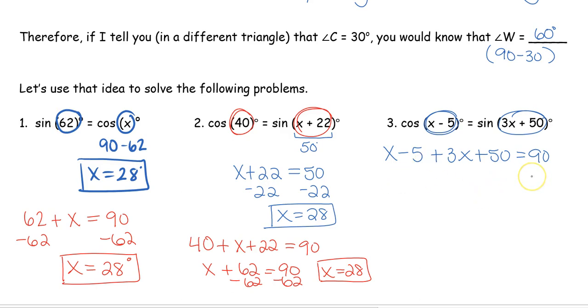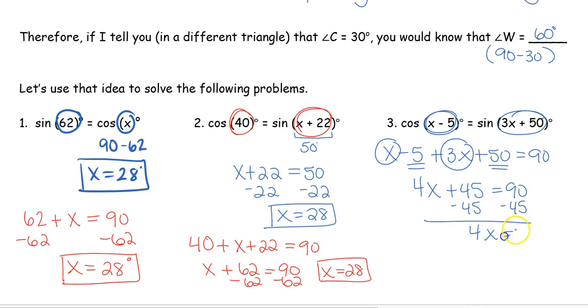For number 3, there's only one way we can set this up. We know that the two angles have to add up to 90. Combine our like terms, 1x and 3x is 4x. Negative 5 and 50 is going to be a positive 45. We move the 45 over. 4x equals 45. We divide by 4, and we find that x is going to be 11.25.